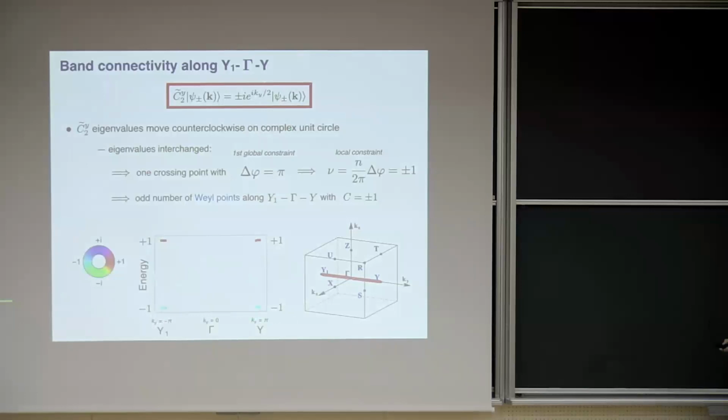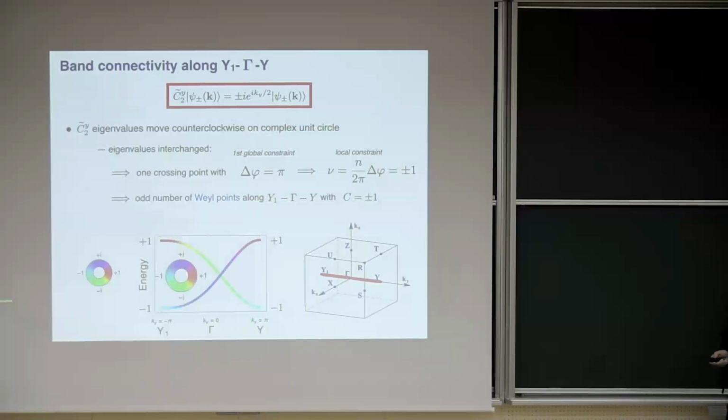And so that means you move counterclockwise on the complex unit circle. And because of this 1/2, you don't go for a full rotation around the complex unit circle, but only half. So if you start from -1, you end up at +1. If you start from +1, you end up at -1.